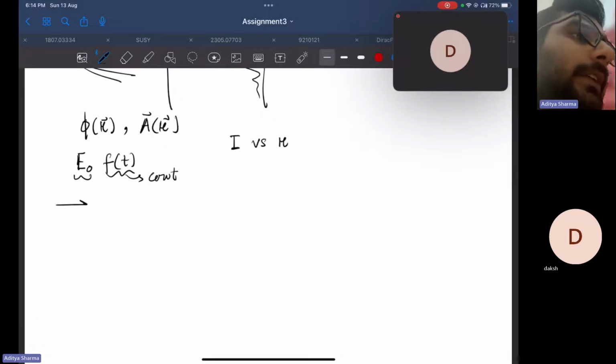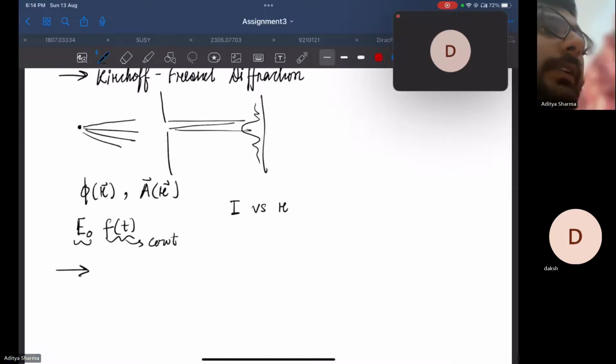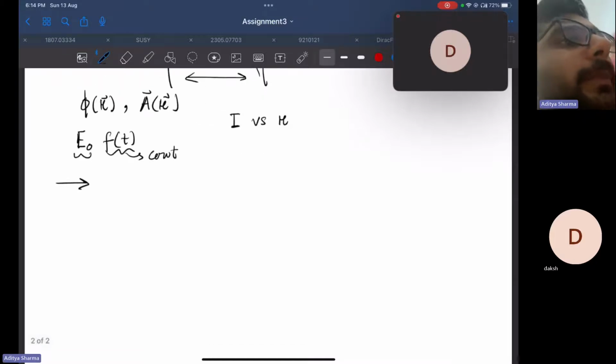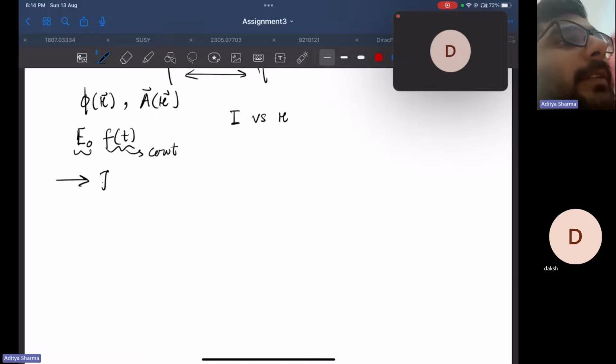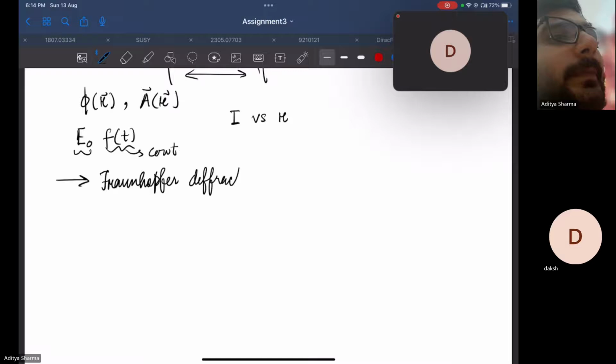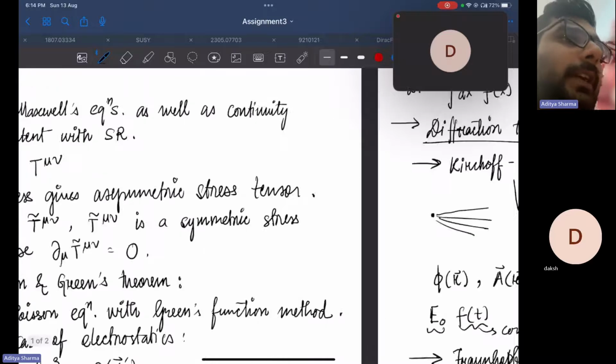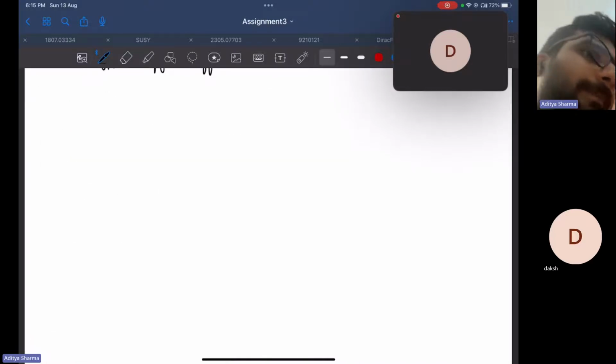And in another limit, when the distance between these two is far away, then we'll obtain something called Fraunhofer diffraction. We saw this much. So in those 4 lectures, we had these many ideas compressed.